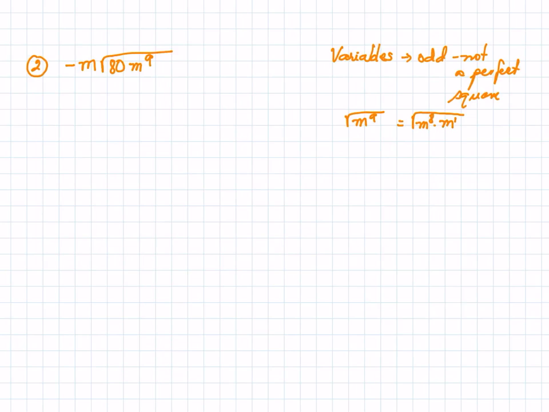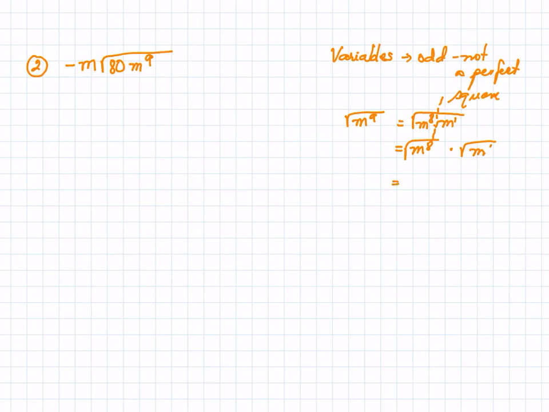In this case, I did not change anything. I just split the 8 out, bringing one of them out. Let me erase a little bit right here. And then I'm going to take that again and make it into m to the first.